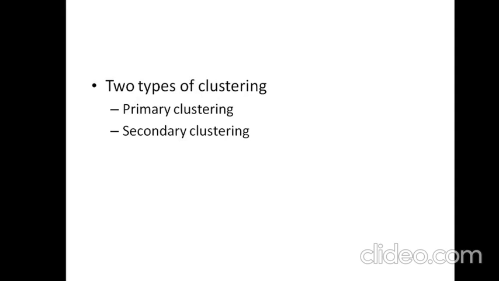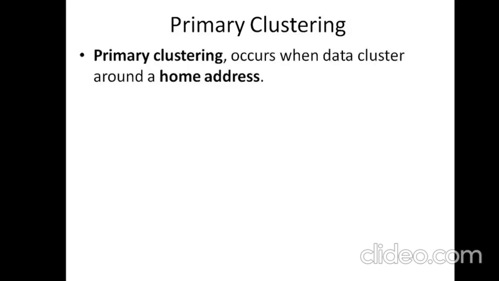We have two types of clustering, but the basic meaning of clustering is already defined: collision resolution results in creating an unevenly ordered group of stored keys. First, primary clustering. Primary clustering occurs when data clusters around a home address.